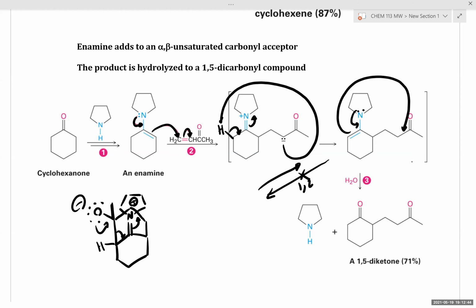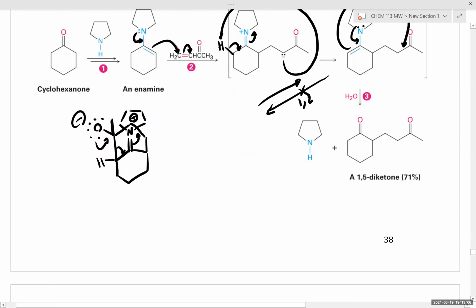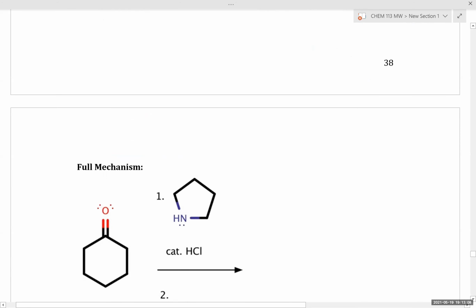Does this idea of enamines as enolate equivalents make sense? Perfect. So let's keep going then.